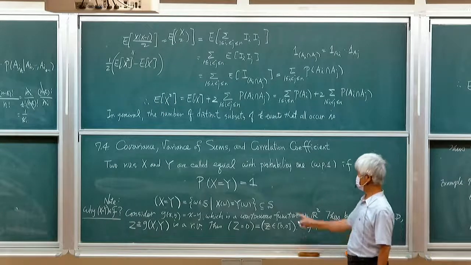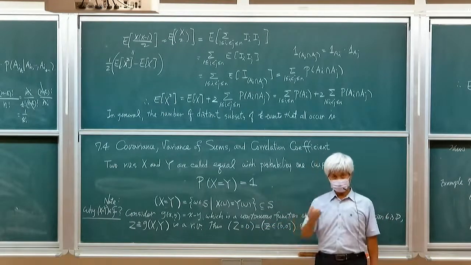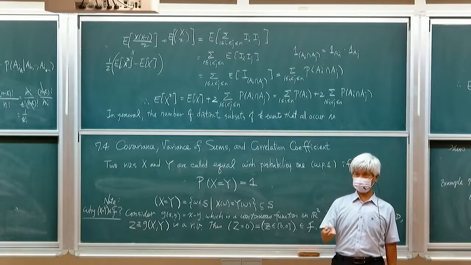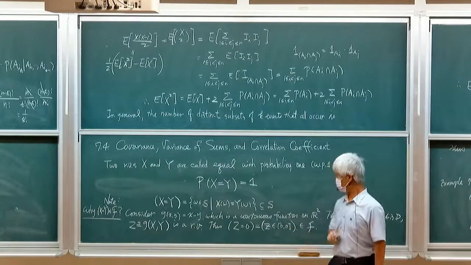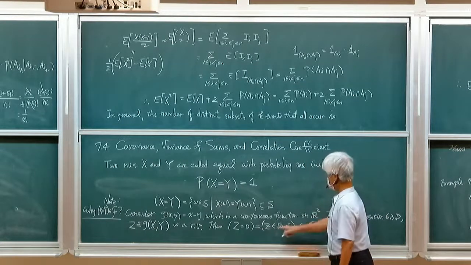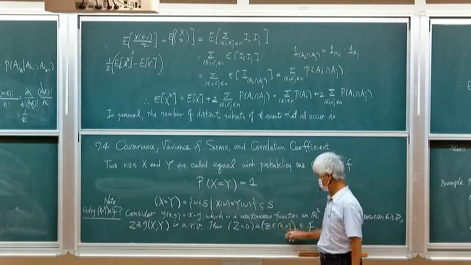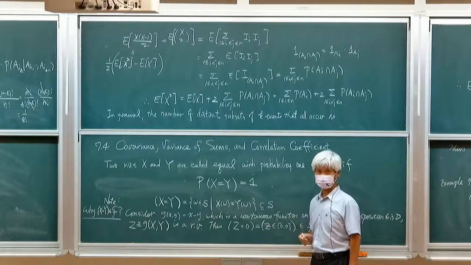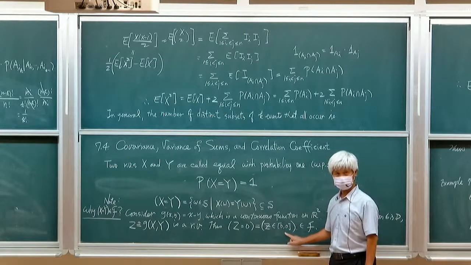Because this is the requirement that for a function from the sample space to the set of real numbers to be a random variable, we ask that z in an arbitrary interval must be an event of interest, and the 0, 0 is a special type of interval.